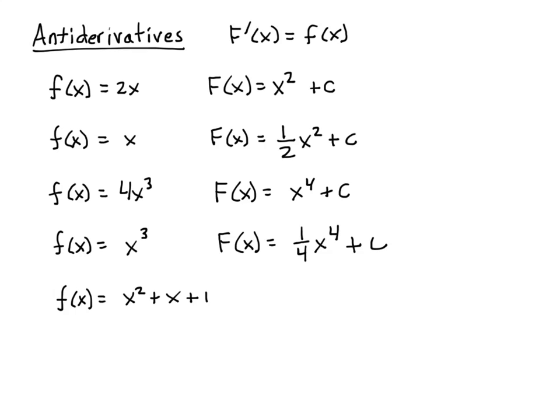We know that when we have x squared, we're going to get 1/3 x cubed, right? Because if I take the derivative of that, I get x squared. The next one, I get 1/2 x squared. We found that one before. And then the antiderivative of 1 is x, because the derivative of x is 1. And then we have our constant c.